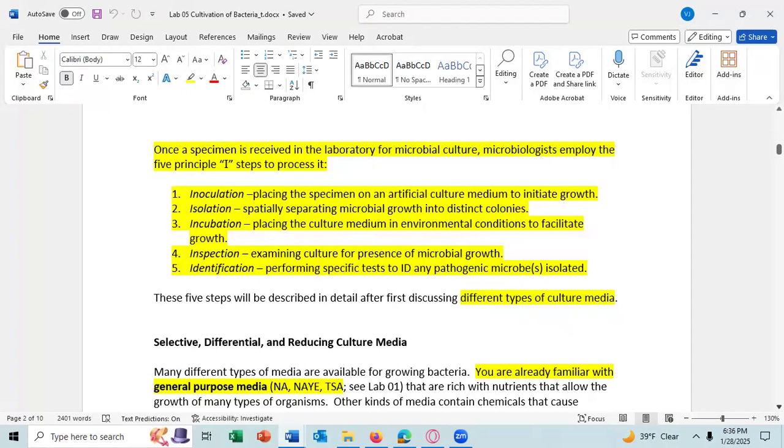And 5, identification, you normally have to perform specific tests to identify any pathogenic microbes that may be isolated. Any question about any of that?